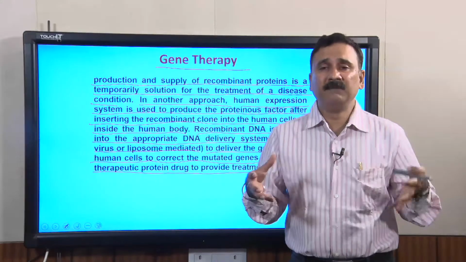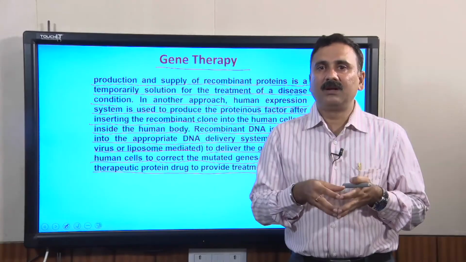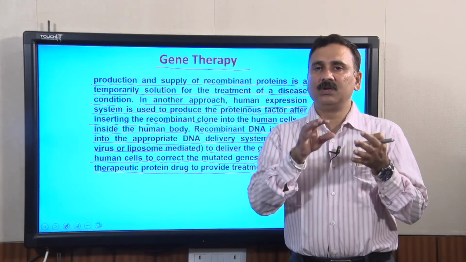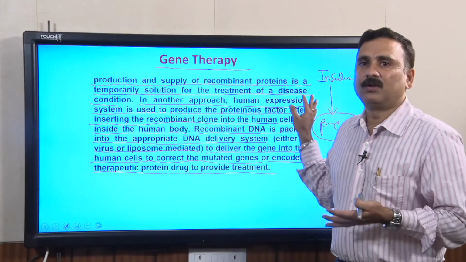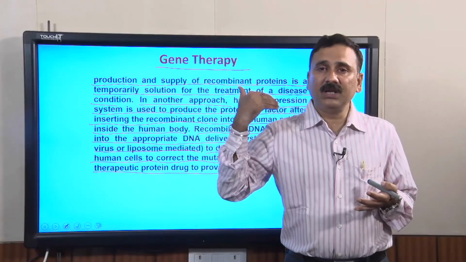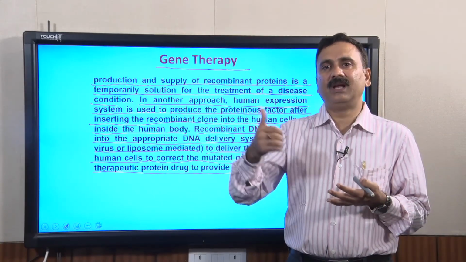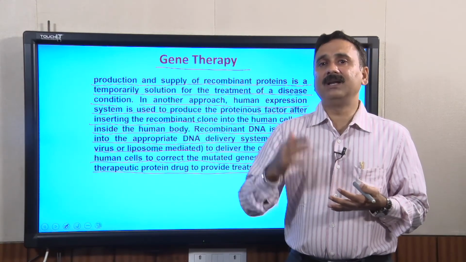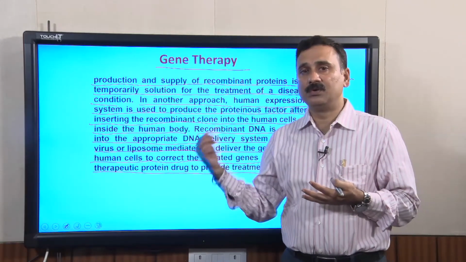If you do so, you are going to interfere with the metabolic reactions occurring in these cells, and you are going to disturb the physiology of that particular organ. So, it is very important that you not only transfect the cells with the help of viruses or liposomes, you also do targeted delivery of these recombinant clones.